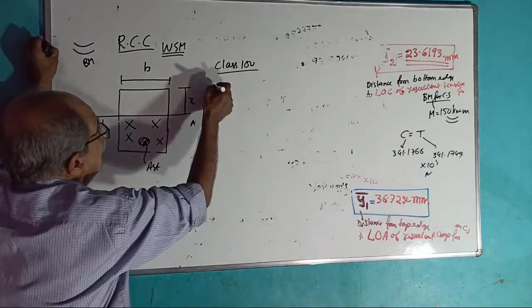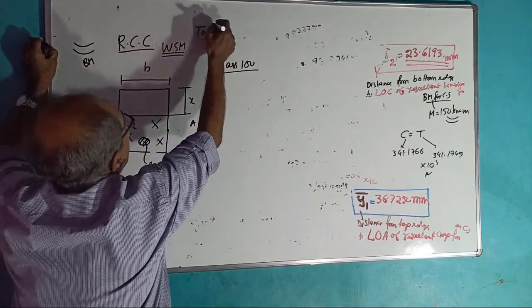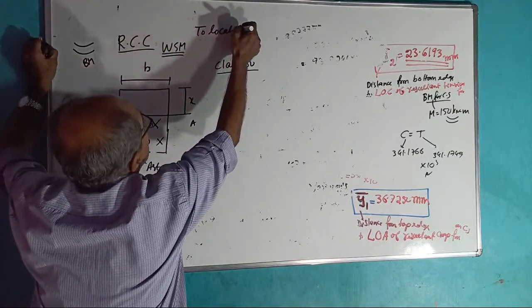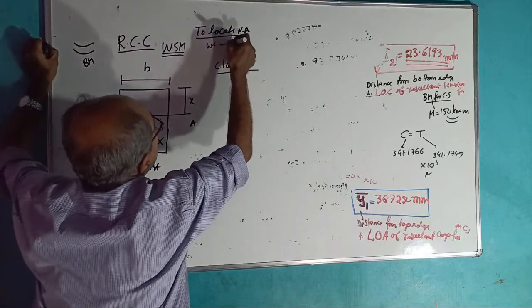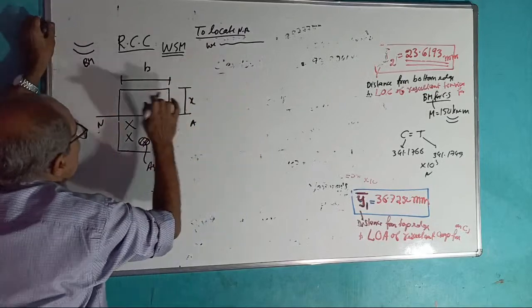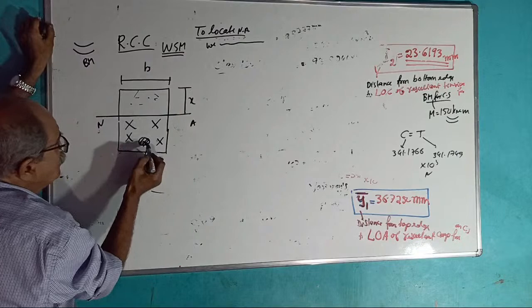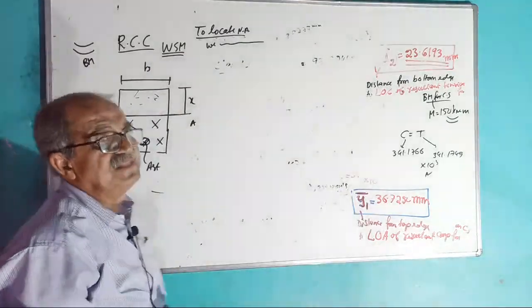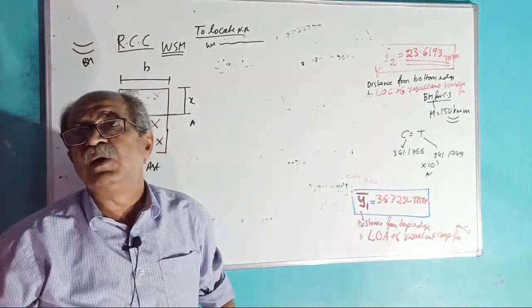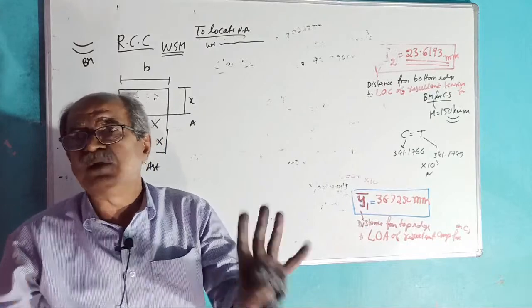Now, to locate the neutral axis, we equate the moment of the compression area about the neutral axis equal to the moment of the tension area about the neutral axis. That is nothing but once again y bar equal to A1 y1 plus A2 y2 divided by A1 plus A2. Done.